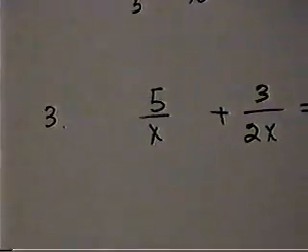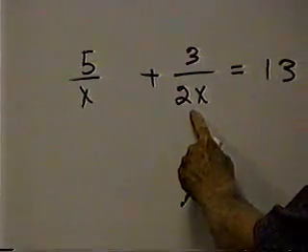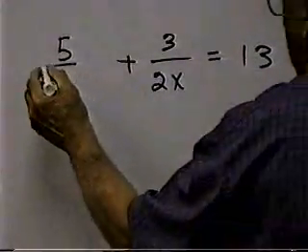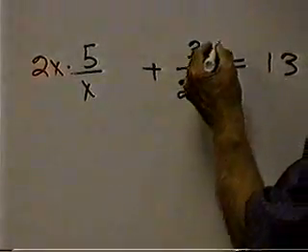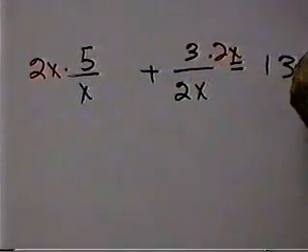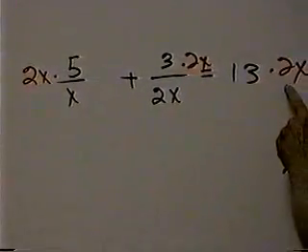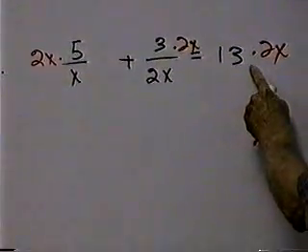Okay, the denominators here are 1, x and 2x. So therefore, the common denominator is 2x. Now, a lot of students and teachers, out of carelessness right here, will forget to multiply over here on this side.